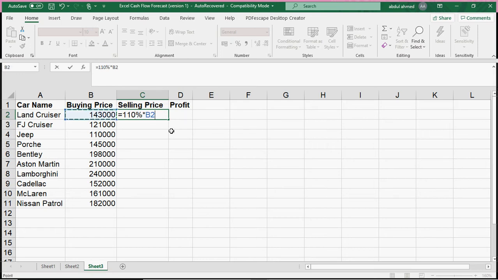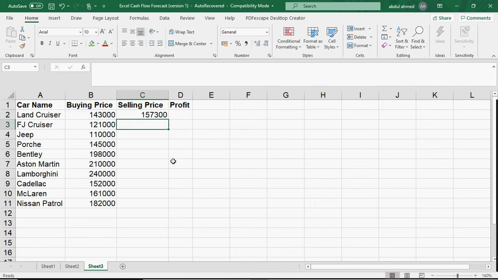Whatever number comes here is what they will sell the car for, because they will be making a 10% profit over what they paid for. Then you just press enter and you can see that between what they paid and what they sold it for, they've made a profit.